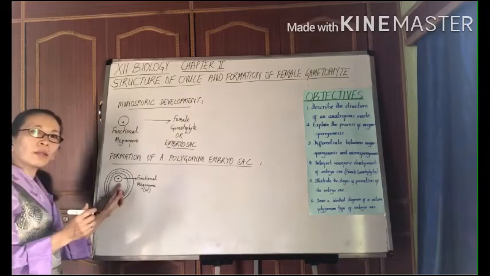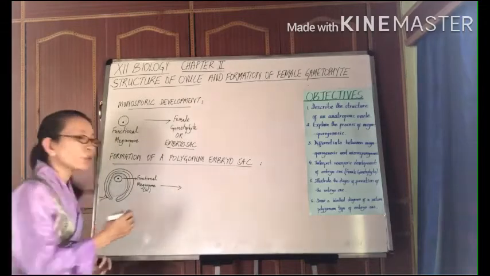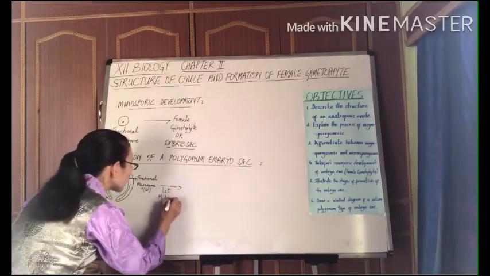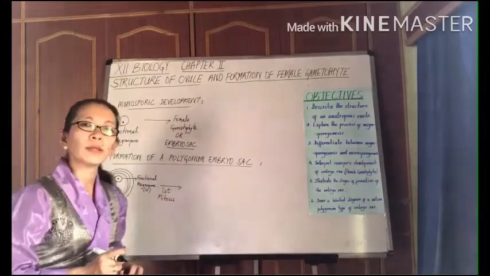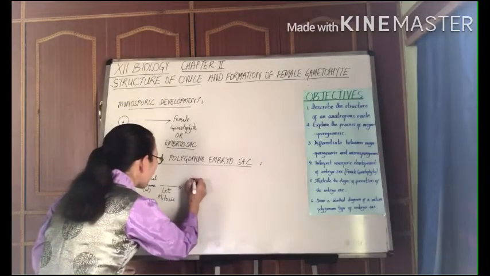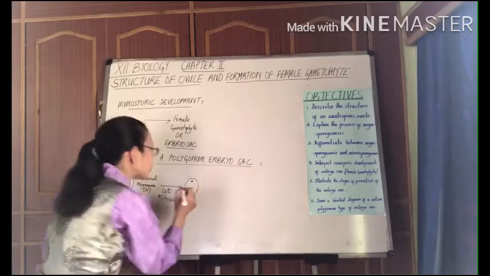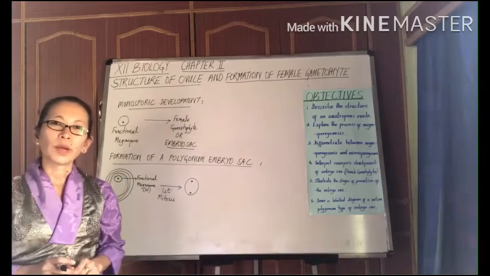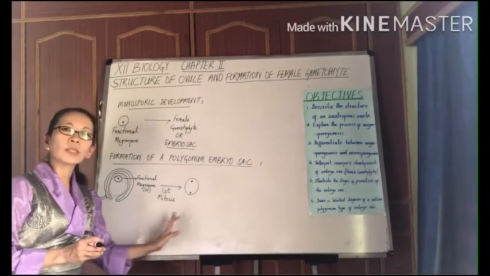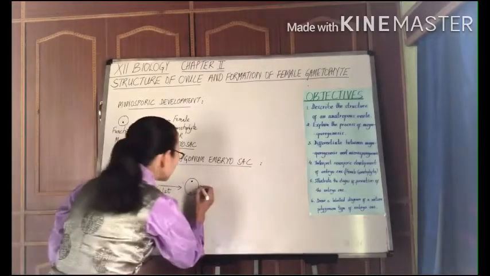So a single functional megaspore, on undergoing the first mitosis without a following cytokinesis, would result in a binucleate cell. Alright, so first mitosis completed without cytokinesis, giving rise to a binucleate cell.